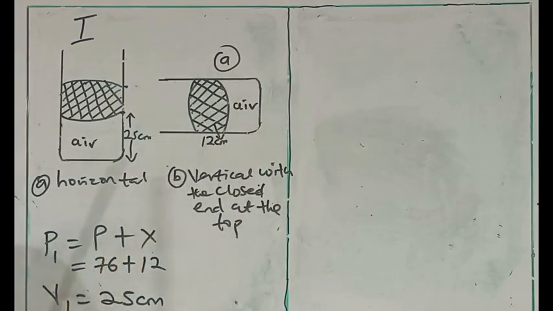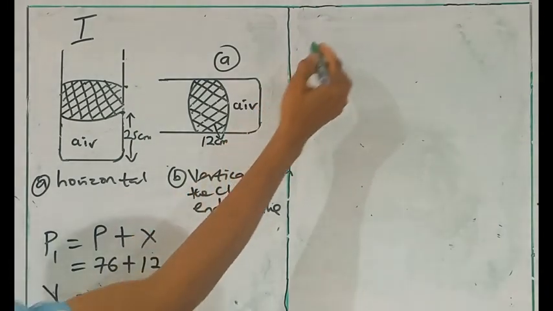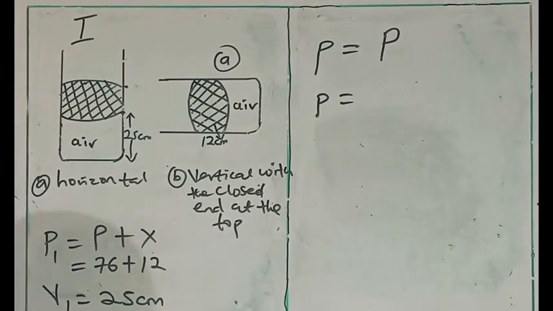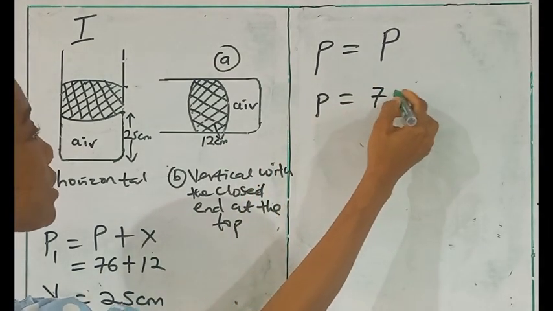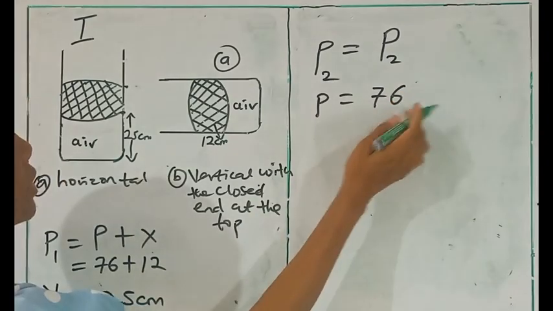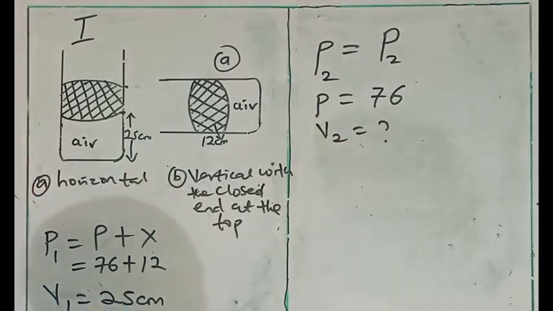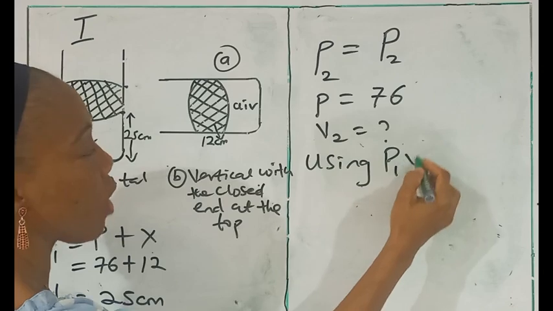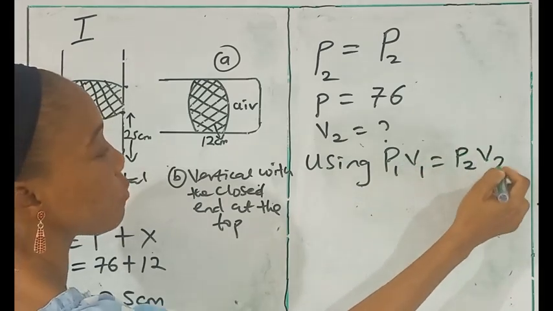When it's held horizontal, that's like this. Remember that when it's held horizontal, P is equal to the atmospheric pressure, which is 76. V2 is the volume we are looking for. So we are going to apply Boyle's law, that P1V1 is equal to P2V2.